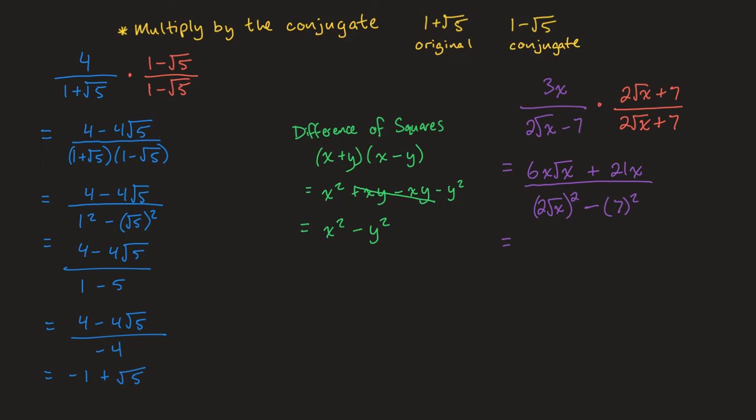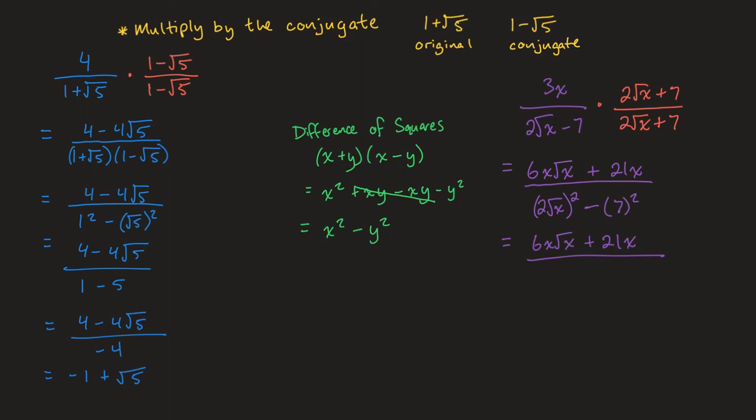I'm not going to worry about these powers on our x and root x. You can simplify that, but the purpose of this question was just to rationalize our denominator here. So I'm just going to keep this as 6x root x minus 21x, okay? And we've got to square those terms in the denominator.